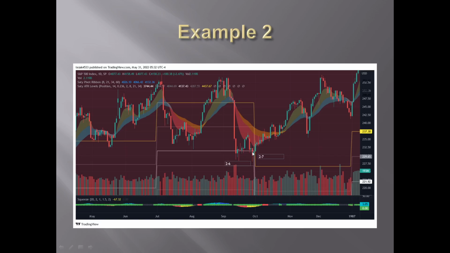And then you got the same thing right here. It wicks under for a couple days, closes under once, but then comes back above. This also did involve an ATR shift, but it was at the same day it cleared the ATR.